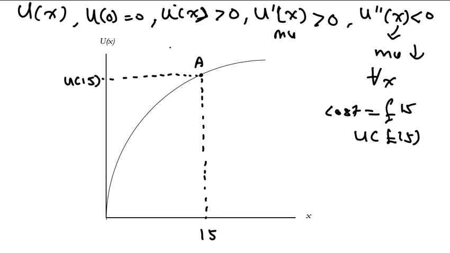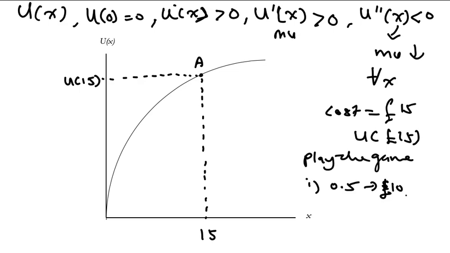But if the individual plays the game, then there are two possibilities. The first one: 50% he will receive a payoff of 10 pounds if he plays the game. It is shown at point M, for instance.